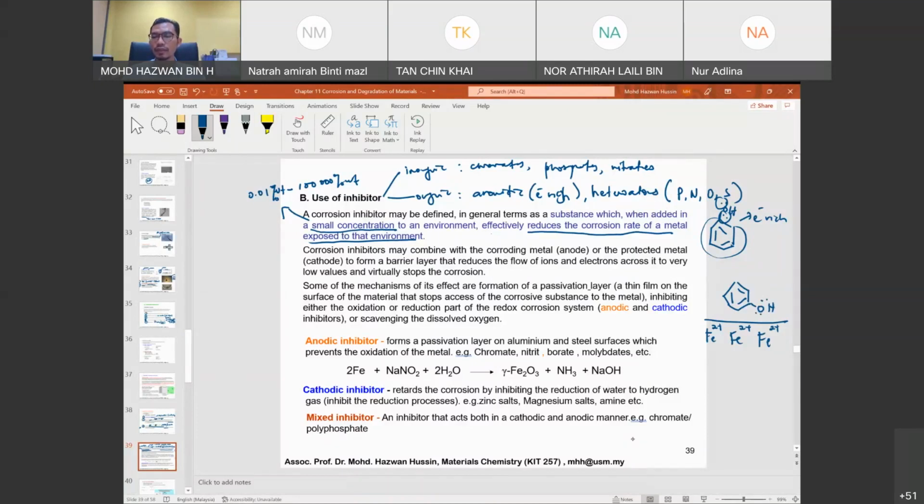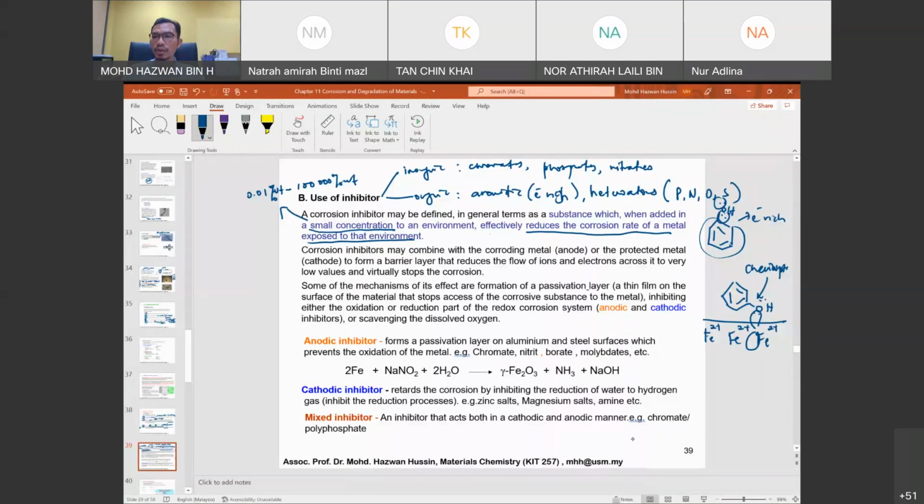So the d orbital of iron has 2 fewer electrons, so it can share. It forms an interaction, a bonding, and this interaction is known as chemical adsorption, because it forms a bonding. Sharing of electrons forms a bonding. Or another type, you can have Fe2+.